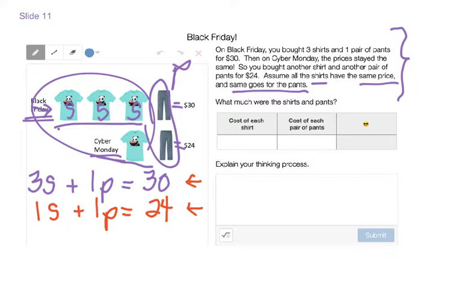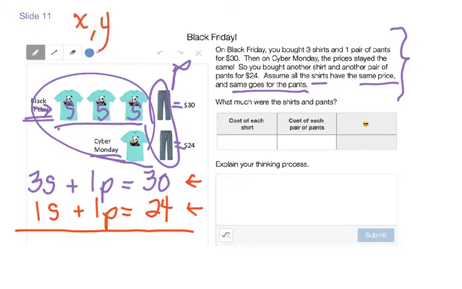So they're related because I bought the same thing. So now, how could I solve this system in order to figure out what is 1 shirt and 1 pair of pants? Well, if I had a graph available, I could definitely open up Desmos and graph this, but I would have to change my variables to X and Y, right?